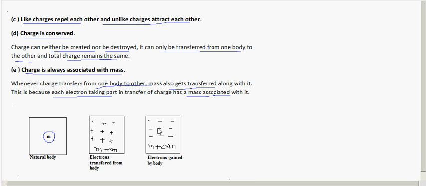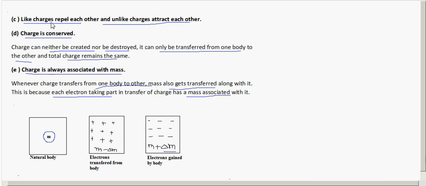And the last one is that charge is always associated with mass. Whenever a charge gets transferred from one body to the other, mass also gets transferred. This happens because the electron, which takes part in the transfer of charge, has some mass associated with it.